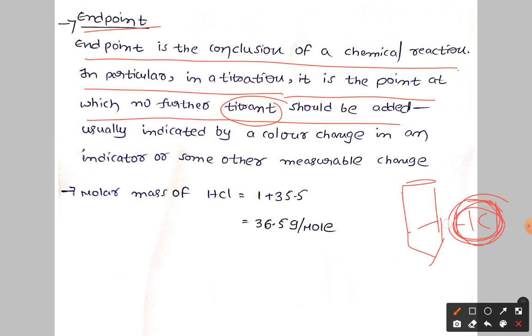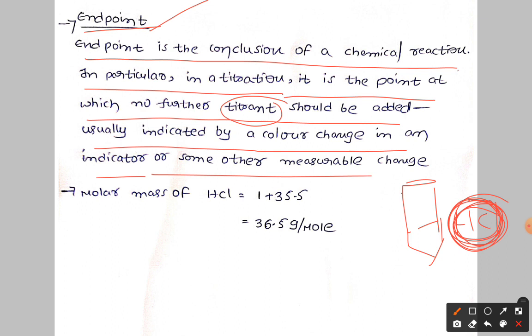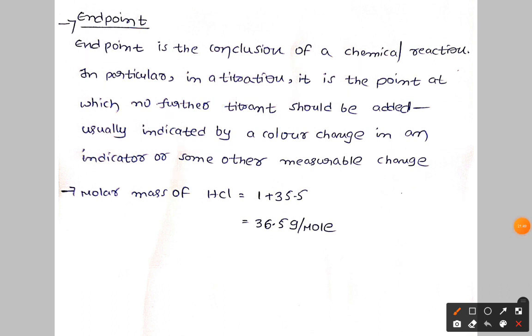You are not going to add further titrant. It is usually indicated by a color change in an indicator or some other measurable change. In our present experiment we are using the phenolphthalein indicator, which indicates the end point by going from pink to colorless. Simply, the end point is where the reaction is completed.